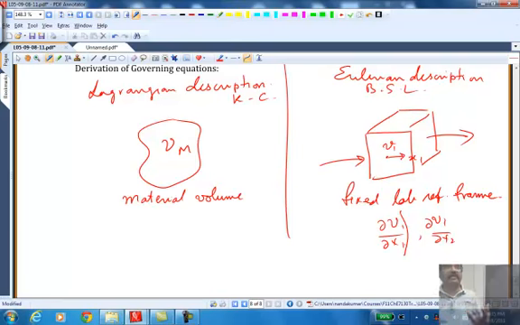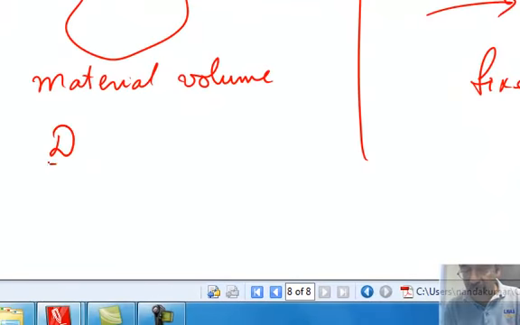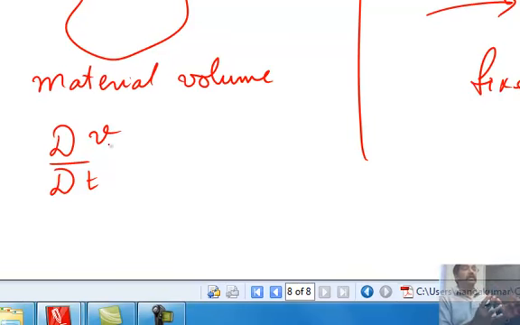These are partial derivatives, right? So when I say dv1/dx1, I'm keeping t constant, I'm keeping x2 constant, I'm keeping x3 constant. Whereas when I take the derivative in a Lagrangian frame, I will write it like this, d/dt of v. That means I'm keeping the material constant. It's the same material forever.